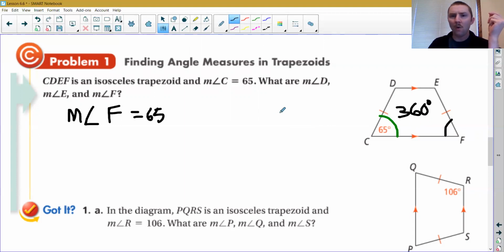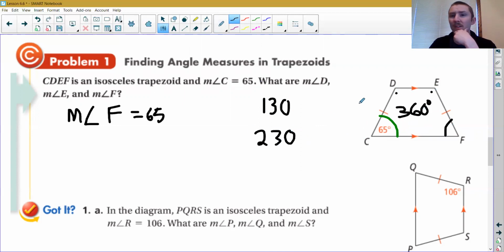So if we know that these have to add up to be 360, and we know that the bottom 2 are both 65, 65 plus another 65, well, that makes 130. So how much is left for these top 2 angles? Well, 360 minus 130 would be 230, I think.